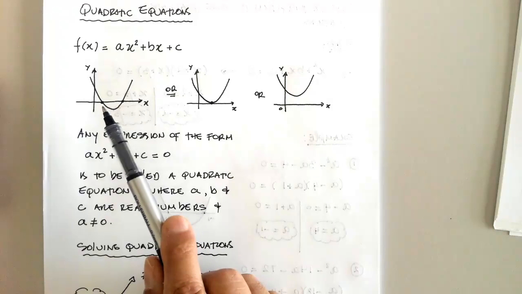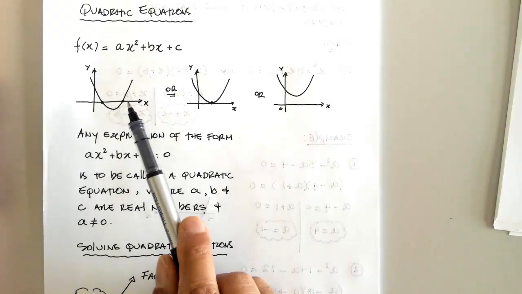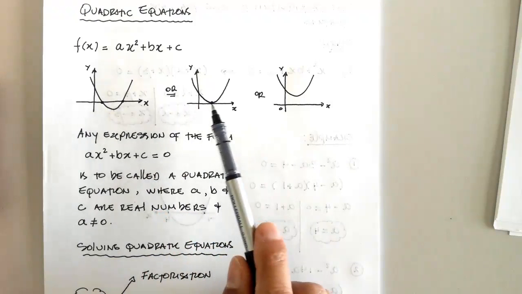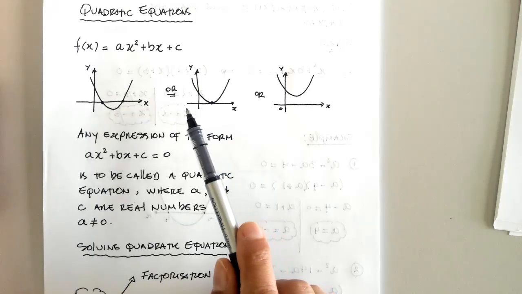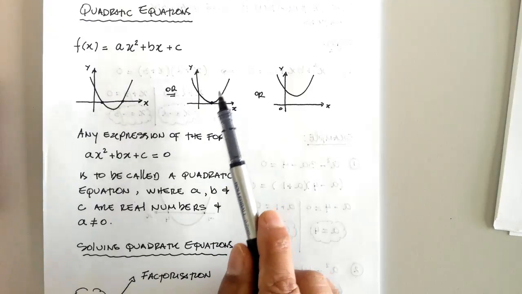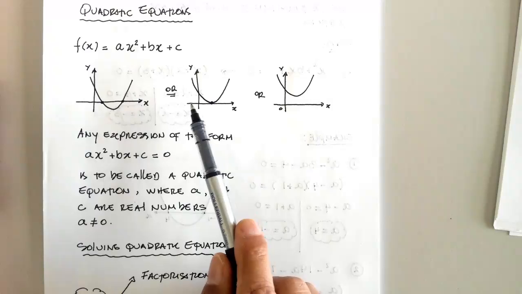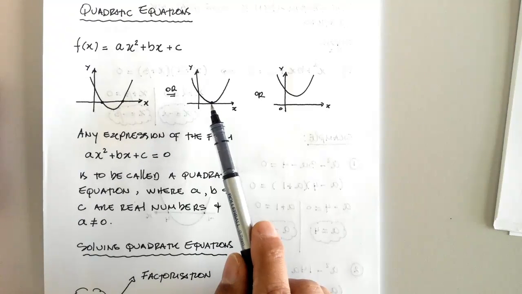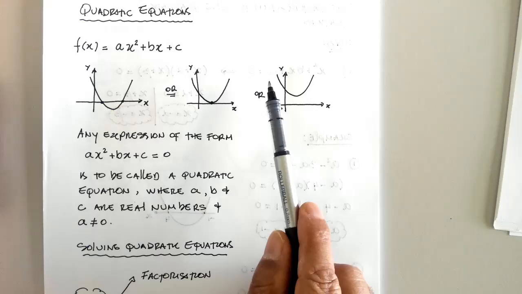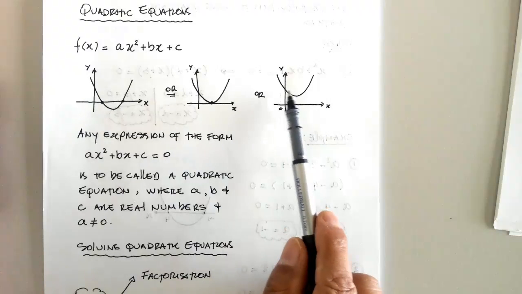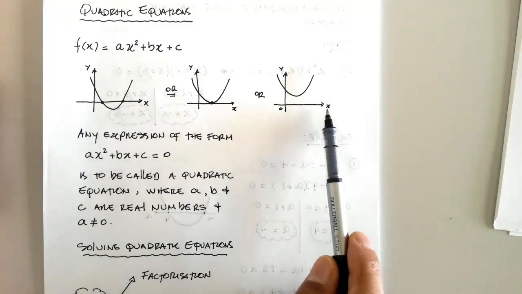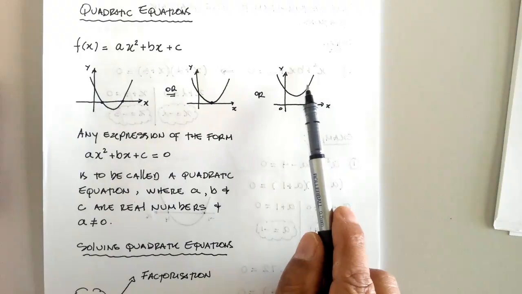In here we have two solutions, because we have two intercepts. In here we have one solution, because it only touches the axis in one point. And in here, unfortunately, the parabola doesn't touch or cross the x-axis, so we have no solution.